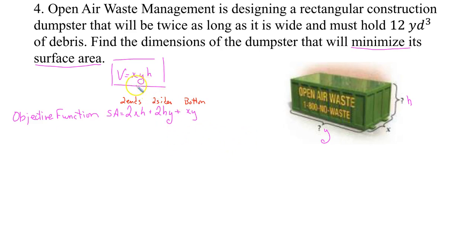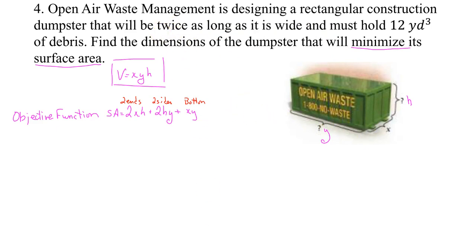That's what we're going to be working with. So anytime we've worked these problems before, we had to take the information we knew and solve it for something. So we know a couple of other pieces of information here. This is kind of an involved process, but we can do this. We know that the dumpster will be twice as long as it is wide. So here is our width and here is our length.